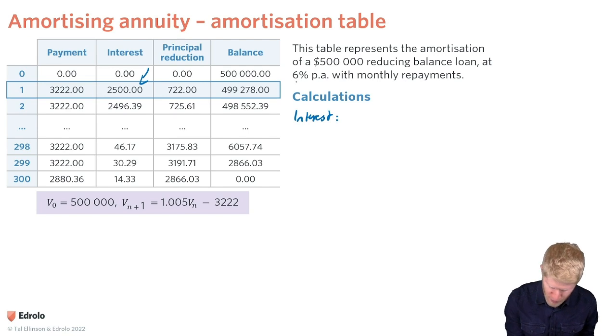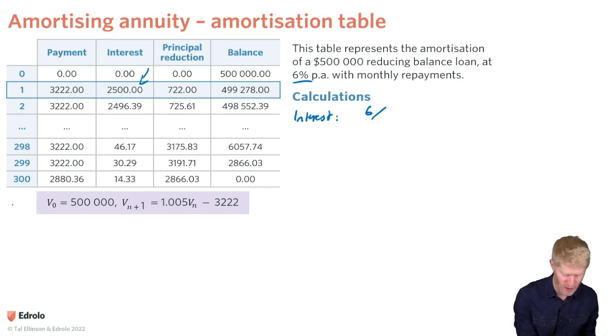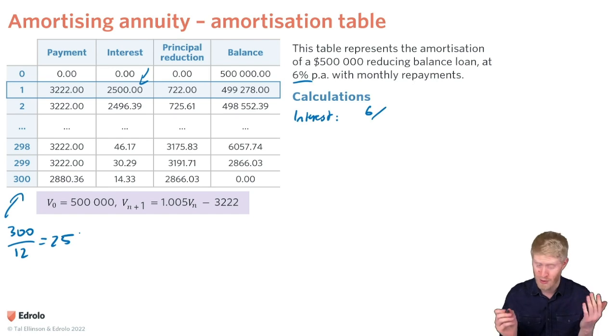And that's going to come from our 6% per annum. Our interest calculation is 6% per annum, but each row in the table is a month, right? Altogether we have 300 divided by 12, 25 years. So 300 months altogether.